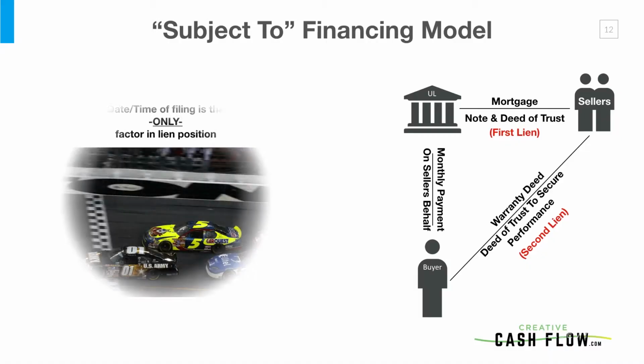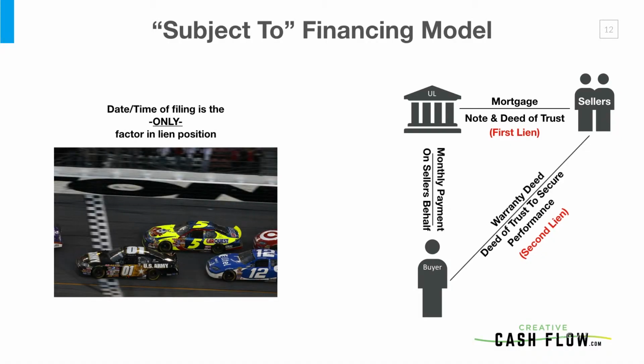So if you don't make those payments, they can foreclose and get the property back from you, all while making the payments to their underlying mortgage on that first lien. As you've seen in the basic understandings video, the only thing that matters in lien position is the date and time in which it was filed. That's why the subject to transaction is subordinate to the underlying mortgage that was already there with the sellers, right?